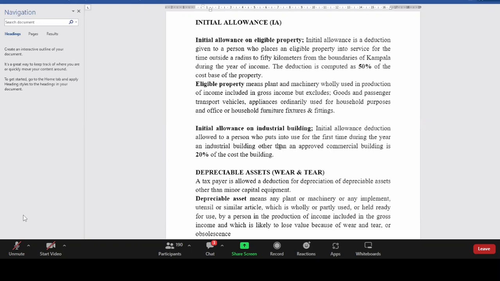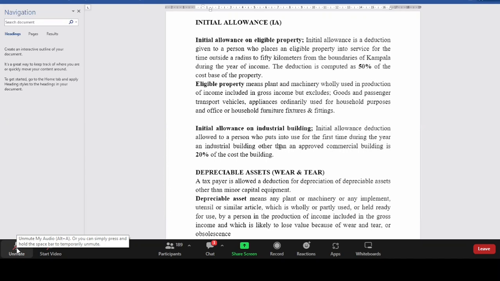IBA is industrial building allowance. IBD is industrial building deduction. It's the same, which is 5% against the cost of the building on a straight line basis. So depreciation for building is 5%. But this 20% is only in year one. In the first year, you are given 20% and also 5%. Then in other years, you are only given 5% as depreciation allowance.